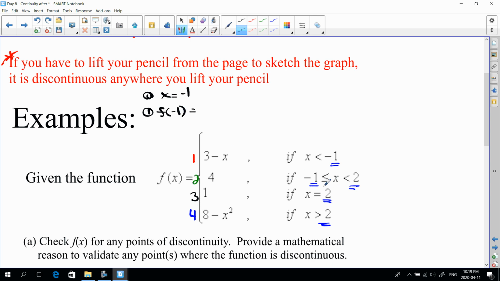That would be this section right here. Up here it just says x is less than -1, so x wouldn't equal -1 on this portion of the curve. X can equal -1 on this portion of the curve. So f at -1 would actually equal 4. I'm just looking right here. There's not really anywhere to plug the -1 in. It's telling me that the height is always 4. So it is defined. Check. Move on to step 2.